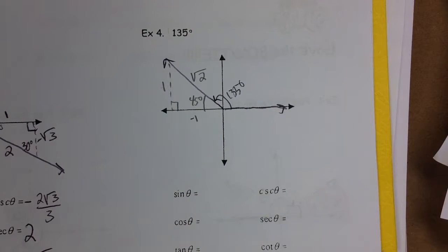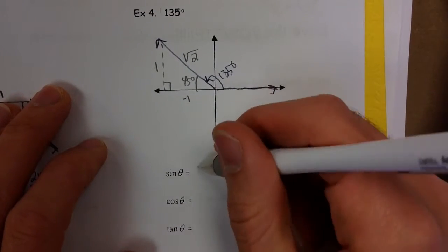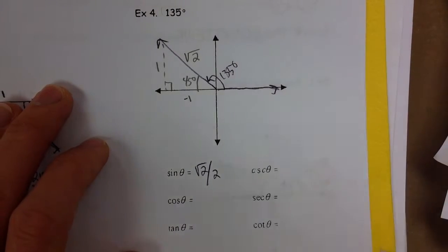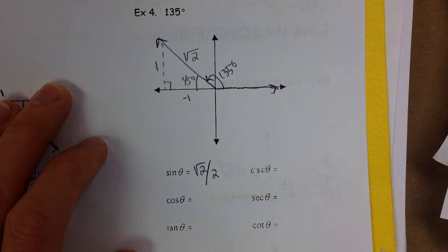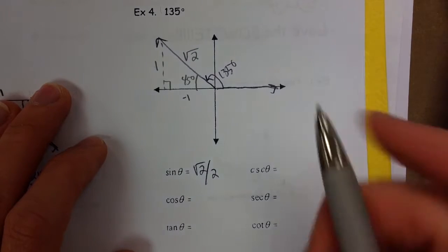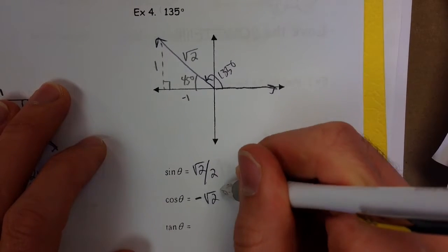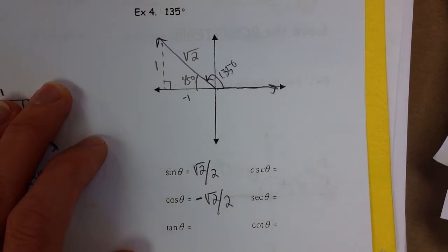Thank you, Celine. Nick, sine of 135 degrees. √2/2. Very good. Amber, cosine of 135. Negative √2/2. Very good. Sue, tangent of 135 degrees. -1.